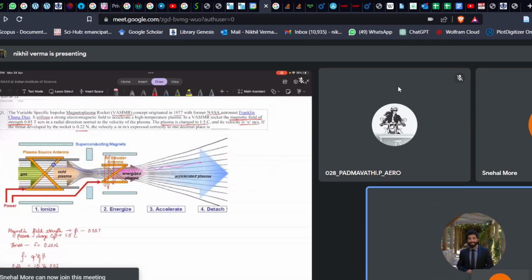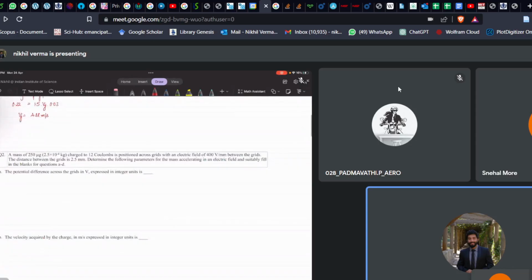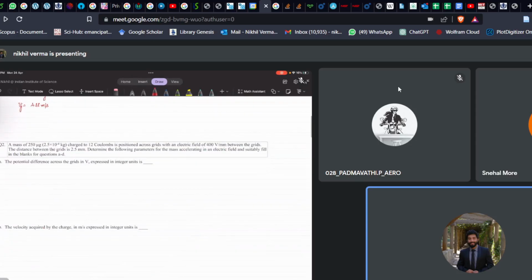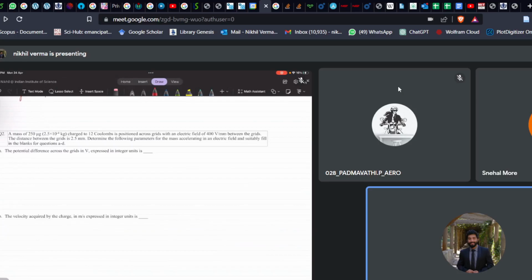So let us move to another problem. We have charged particles which have a mass of 250 microgram, and they are used in an electric propulsion system where the electric field strength E is given as 400 volts per mm.